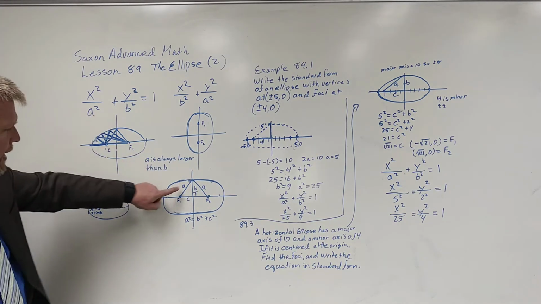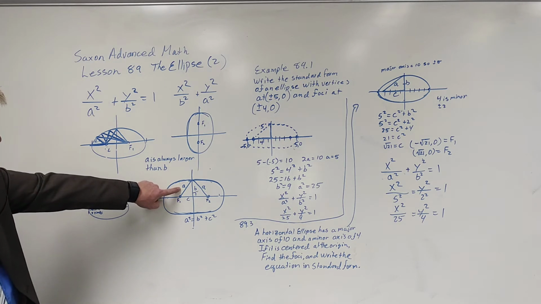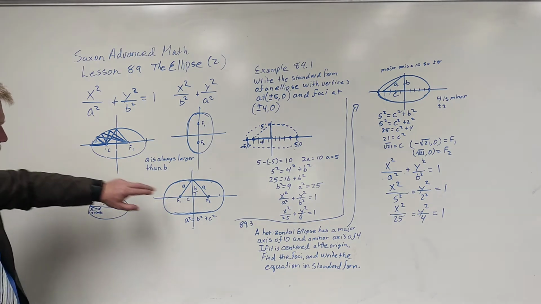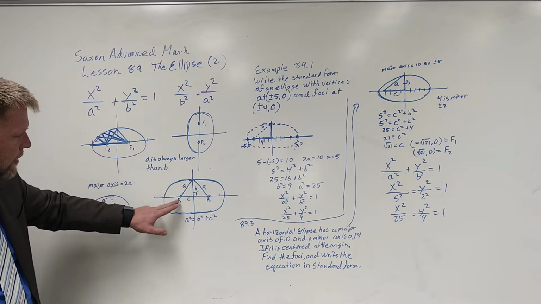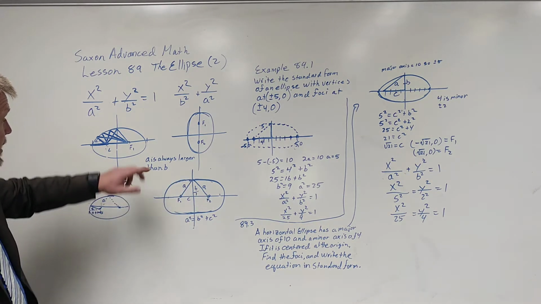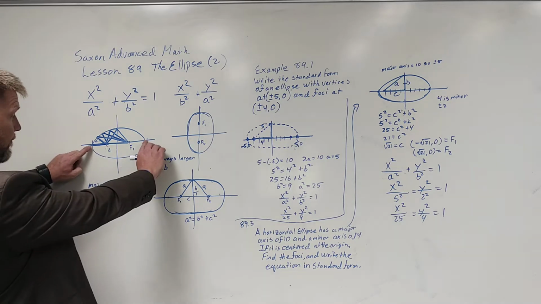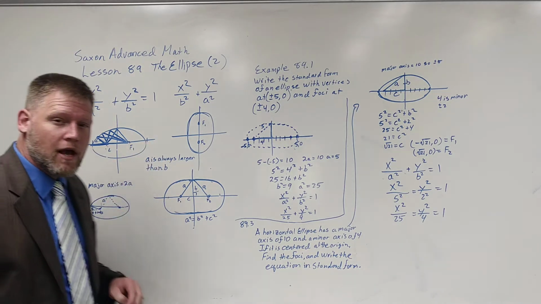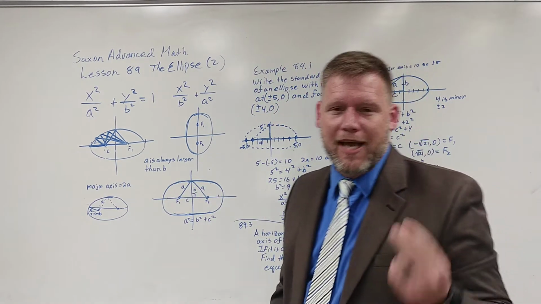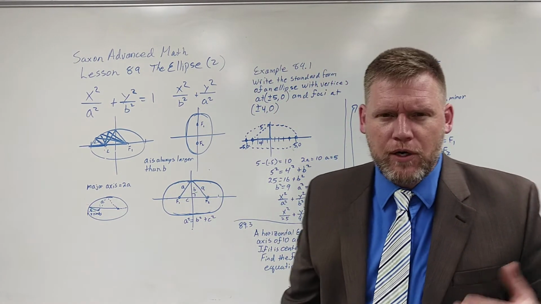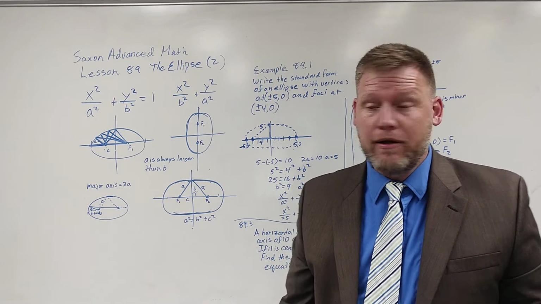So that's what the a value is. The total length of the string is a plus a. It goes up a, down a. And that 2a is also the length from here to here, which means my major axis is always 2 times a.